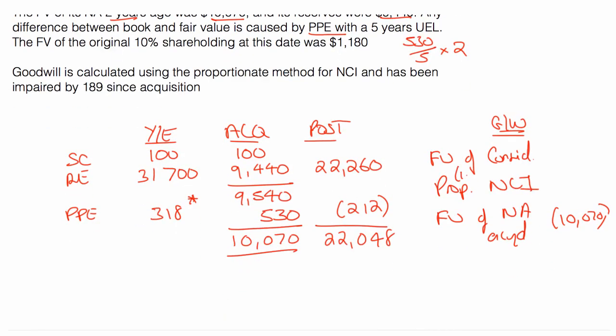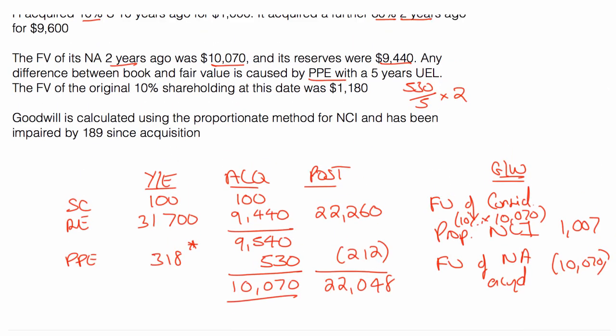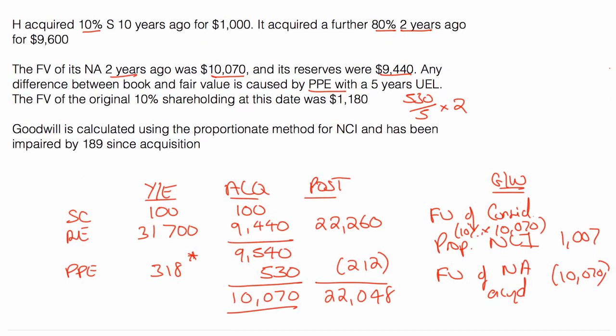So proportionate NCI would be 10% of the 10,070, which is 1,007. And then the fair value of consideration, what did I pay for it? Well, I paid 9,600, and that was 2 years ago, and I paid 1,000, but that was 10 years ago.